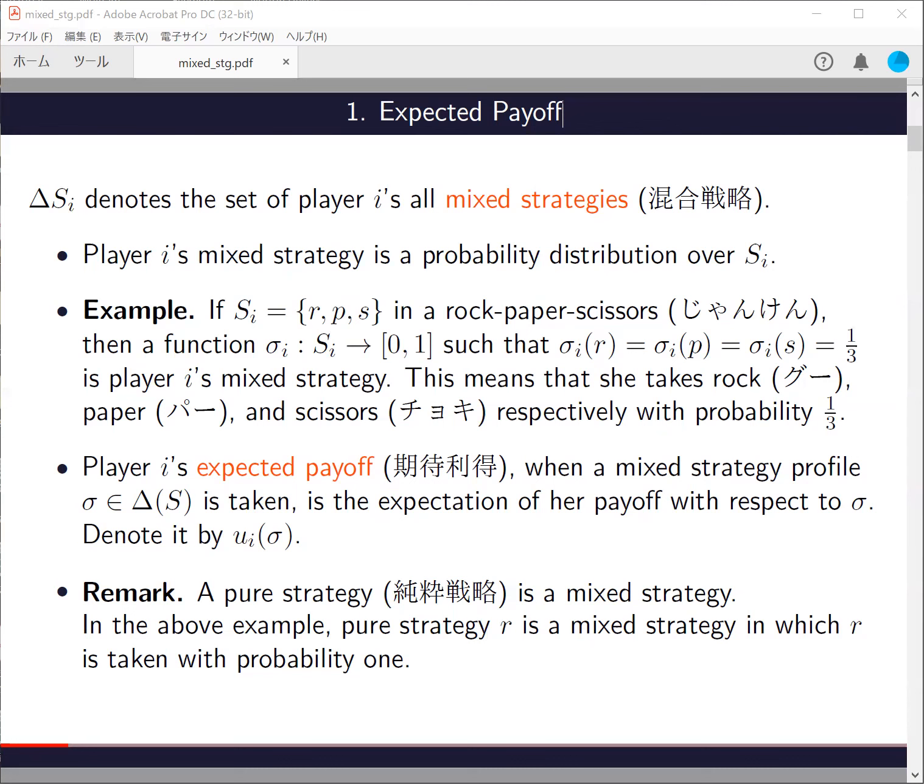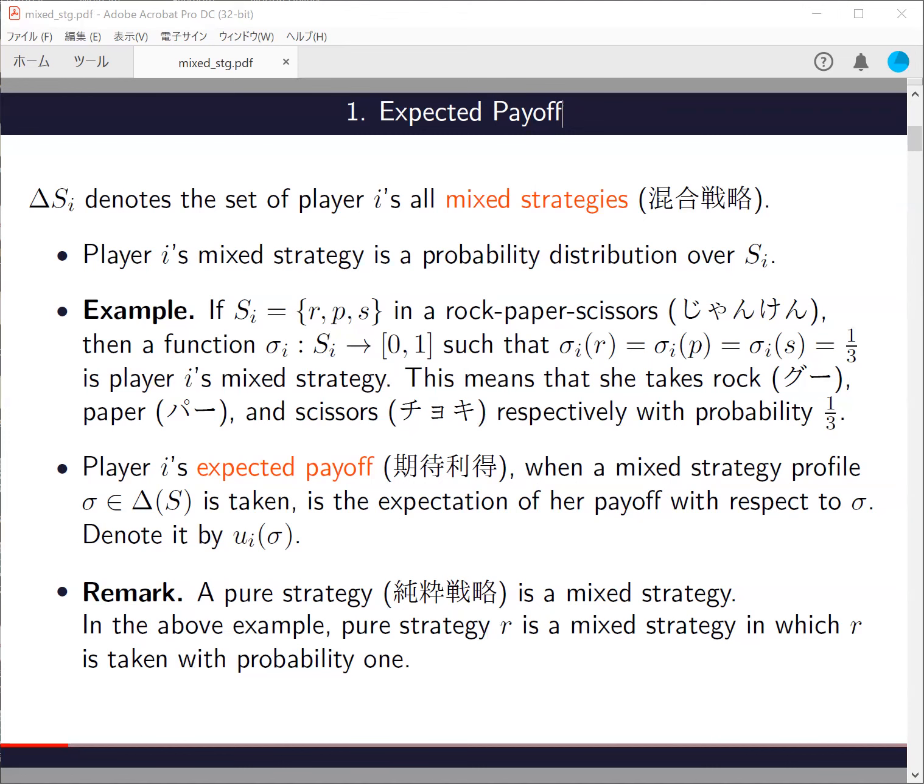The mixed strategy sigma I here is a function that takes one of the pure strategies and maps into a probability. In this example, rock, paper, and scissors are all played with the probability of 1/3. That is, R is chosen with probability 1/3, P is also chosen with the probability 1/3, and S is also chosen with the probability of 1/3.